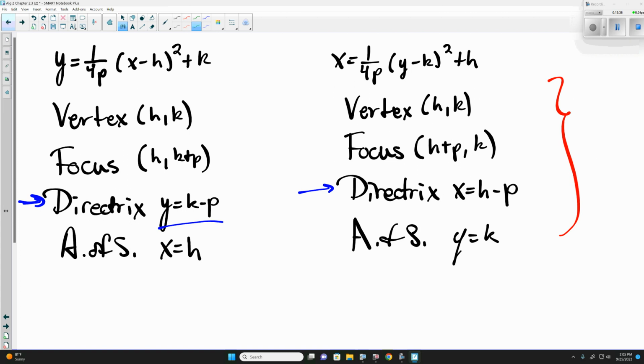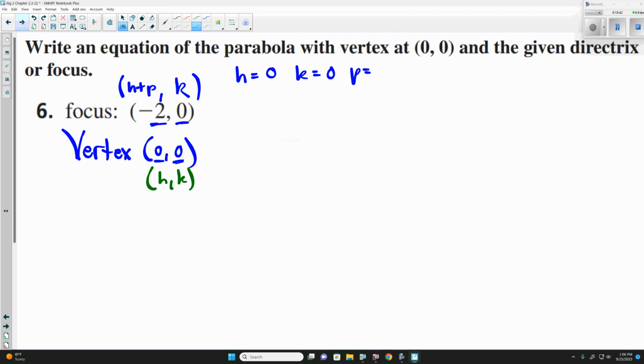Right, because if we look back at the general form, h plus p comma k would be our x equals. So we'd have x equals 1 over 4p times y minus k squared plus h. And exactly. Because if we went through and solved, h plus p would be negative 2.